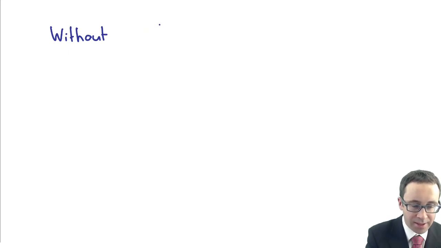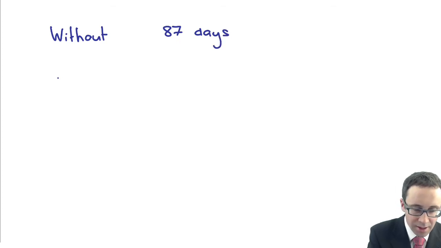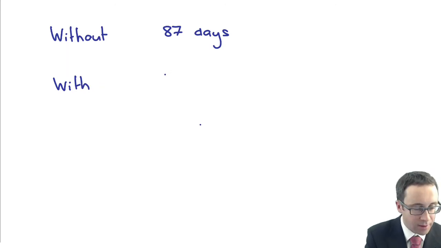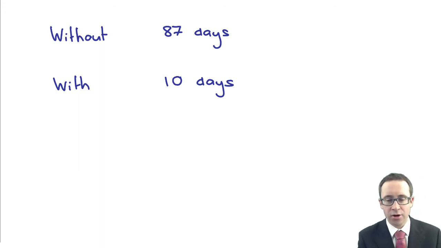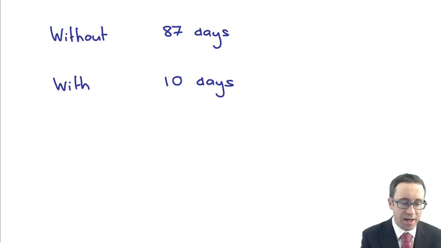So currently, without any prompt payment discounts, we have 87 days, and with the prompt payment discount it's going to be reduced to 10 days. Quite a significant reduction in terms of the days.